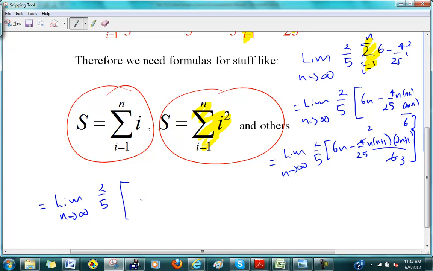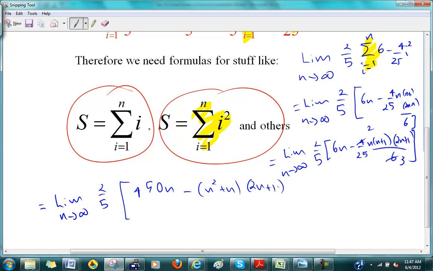Come on, get your calculators out. 450n. Yes? Minus, can I FOIL the upstairs? So the upstairs is going to be n squared plus n times 2n plus 1.